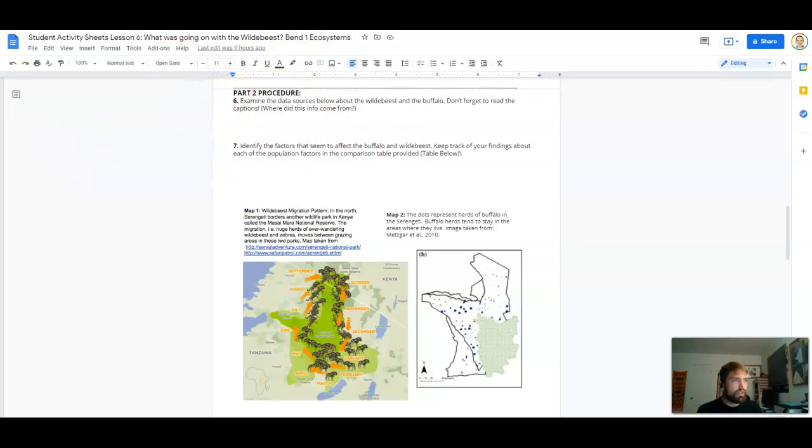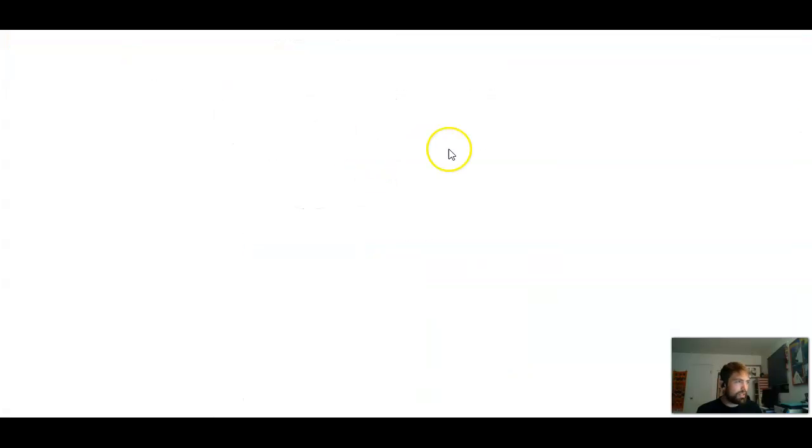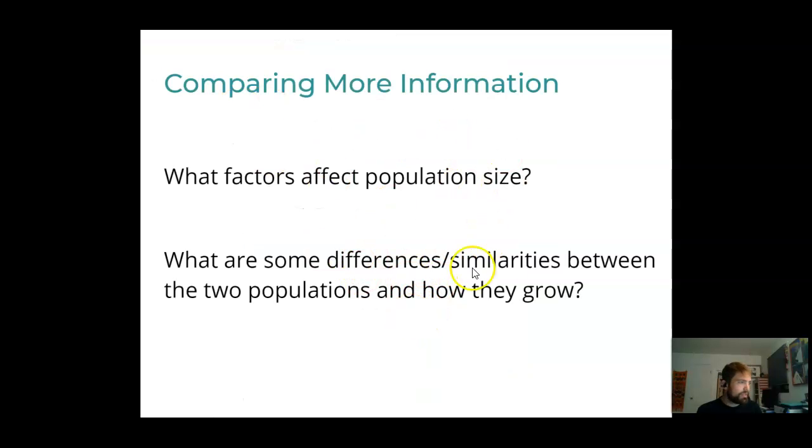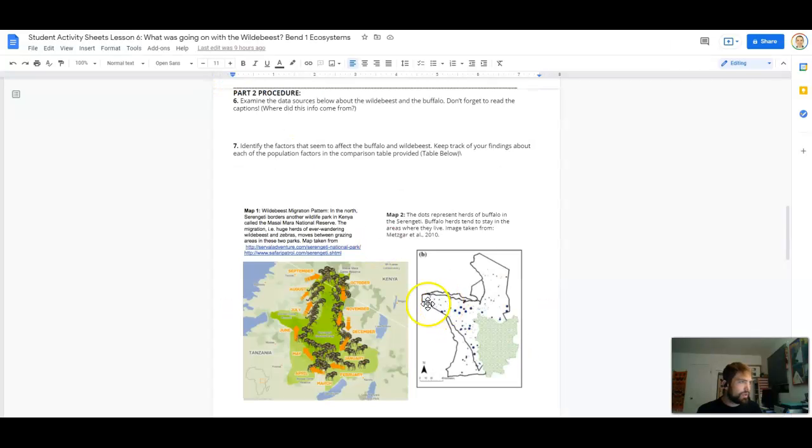Okay, so what factors are affecting the population size? And what are some differences and similarities between the two populations? So in order to figure that out, I want you to examine these graphs and think about where they came from, the data sources. So how do we know that this is valid information?